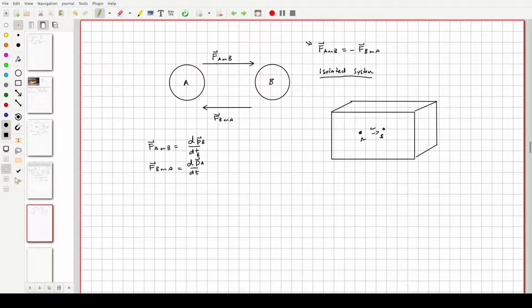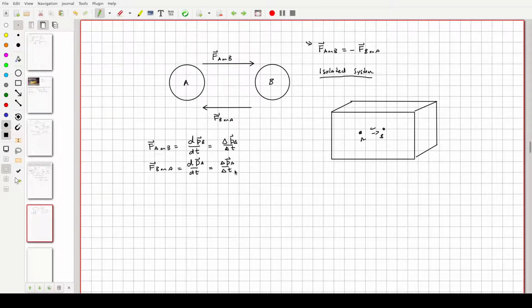So the amount of time that these things experience interacting with each other is the same. So if I were to think of this as being a change in momentum like this, the delta t's would be the same.